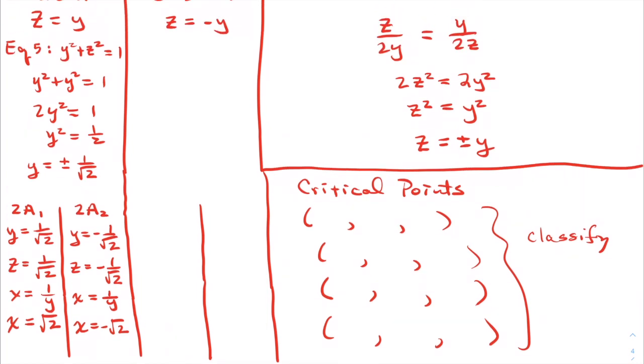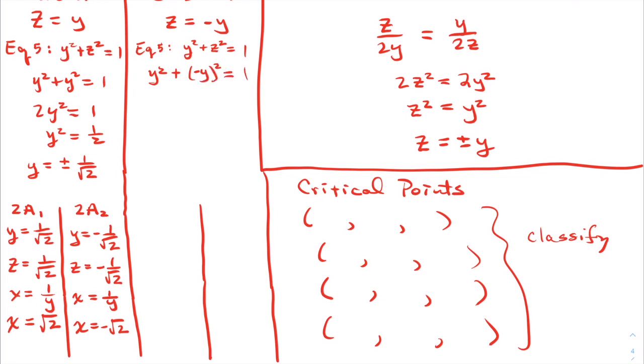Case 2b is really similar. We would bring in again equation 5, and that says y squared plus z squared is 1. So y squared plus z squared, but that's negative y squared, equals 1.